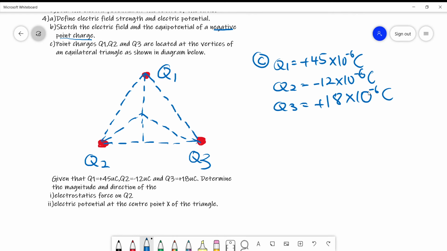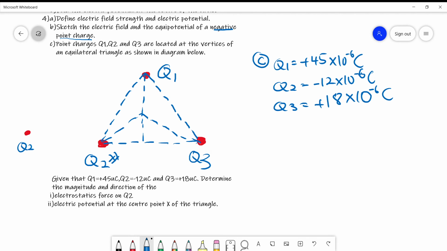So our main concern is Q2. Before that, we need to know the direction of all forces acting on Q2. So let me draw it in another diagram. Let's say this is Q2.